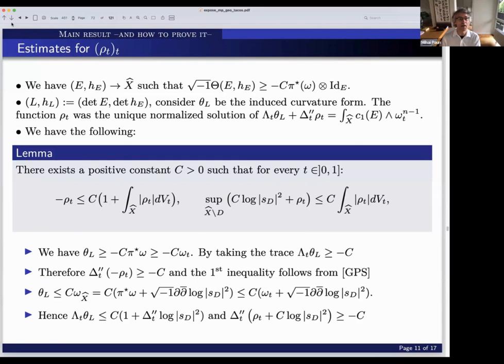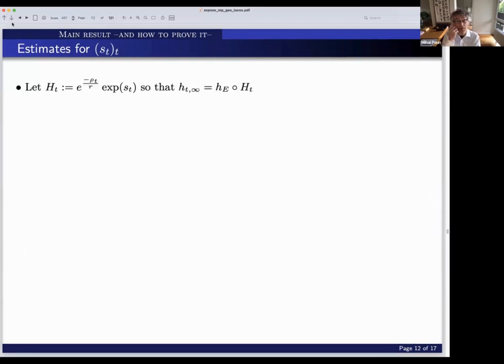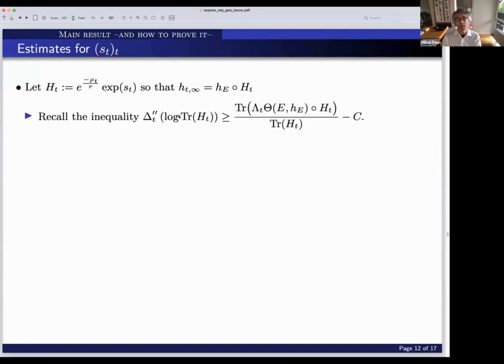Fine. And as you can easily guess, we will do the same sort of arguments for the family of endomorphisms. So we have this H t which looks like that, all in all. And then the analog of the C2 estimates for the Hermitian-Einstein setting is like that.